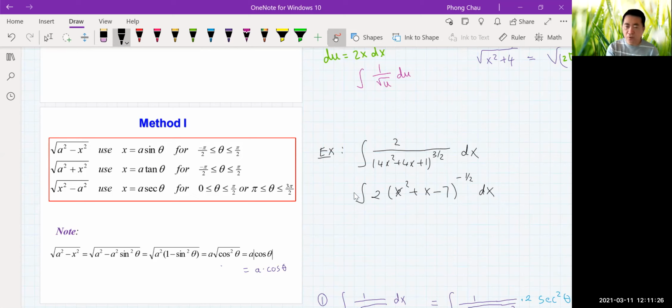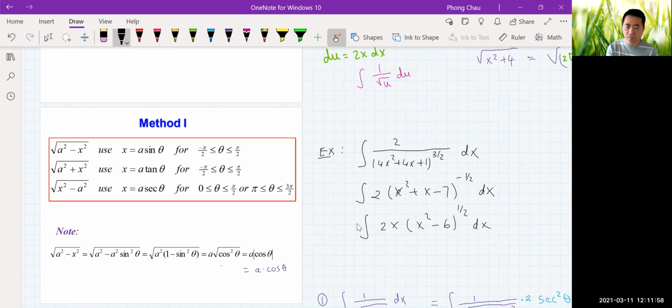And finally, do not forget that not whenever you have a radical do you have to use the trig sub. In many cases I can tell easily that this is not a trig sub problem, and do not attempt to. Okay, even though you see a square root, I can see x squared minus 6 and then 2x, which is the derivative of this.